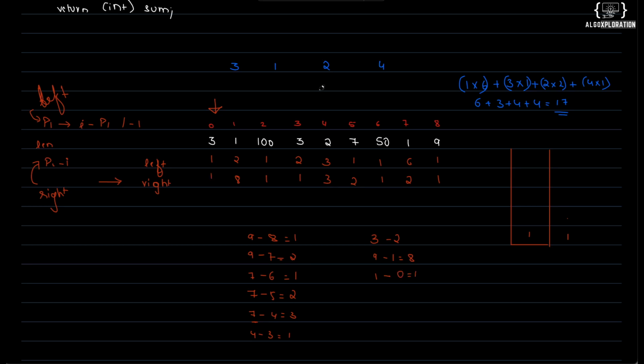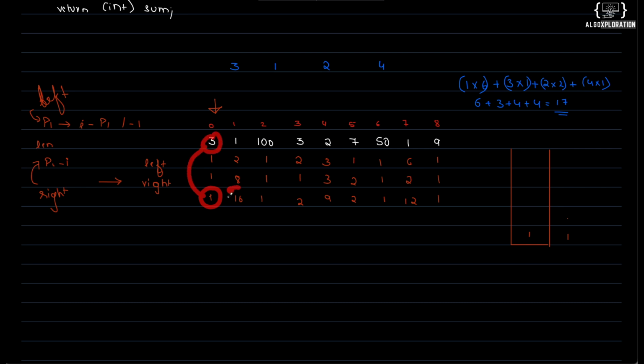So I found all the counts, left as well as right. Now I need to find the multiplication of these. So this will be 1, this will be 16, 1, 2, 9, 2, 1, 12, and 1. After this, I need to multiply this contribution with the array value.